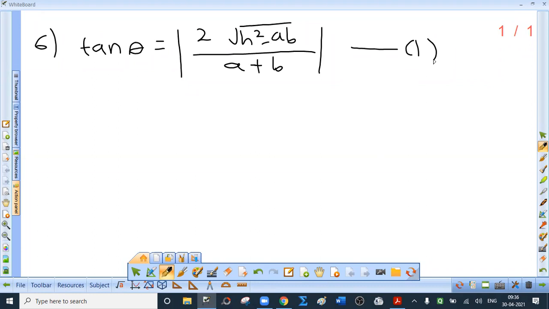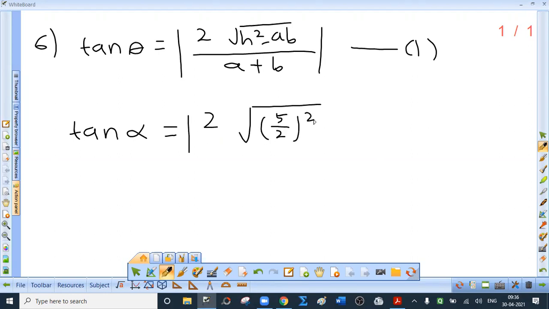Now initially I will say, therefore angle between lines is tan alpha. You can use any other, and then I'm going to say that they are equal. So tan theta equal to tan alpha. Therefore tan alpha equal to, substitute the values, 2 root of h square minus ab.